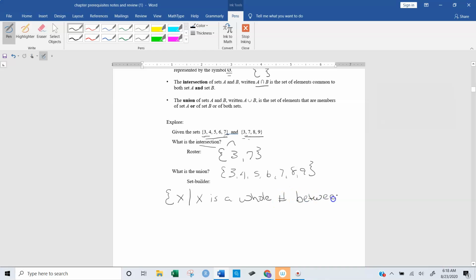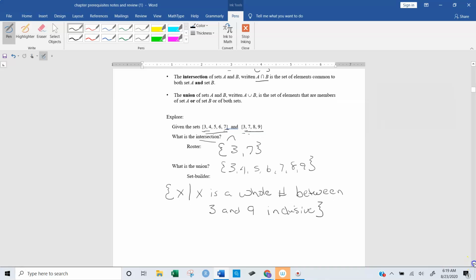Between 3 and 9 inclusive. So it has to include 3 and 9, and that would give me everything in that set. You could have used the natural numbers. You could have done this a lot of ways. You could say it's a number less than 9 and greater than 3. Whatever you did is probably fine, but make sure you don't include any decimals in there.